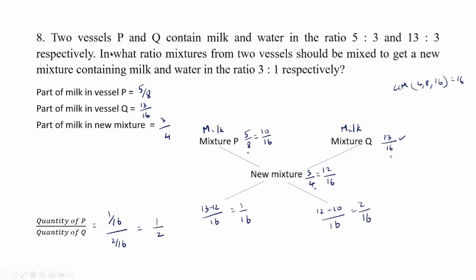So the mixtures of milk and water in vessels P and Q should be mixed in the ratio 1:2, so that we will get a new mixture containing milk and water in the ratio 3:1.